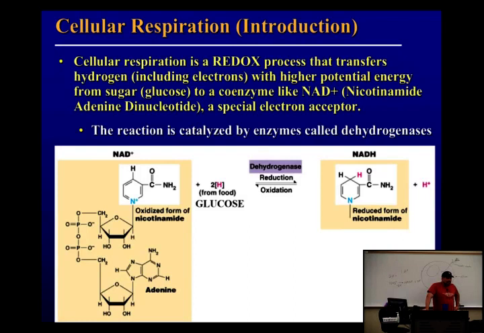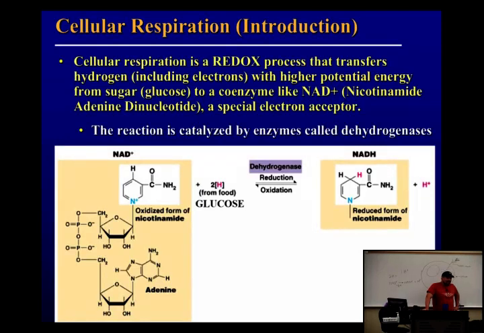It didn't lose the electron, it gained the electron. NAD plus got an electron added to it to make it neutral. Right? Believe me? It's true. So the electrons came from where?